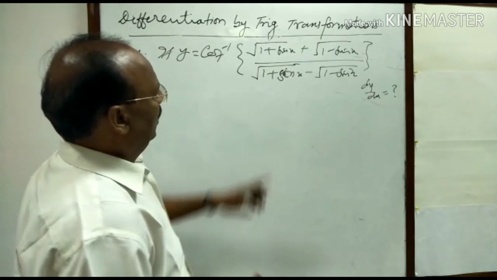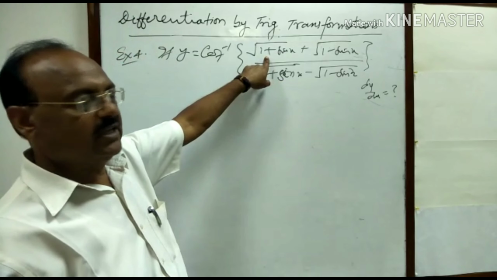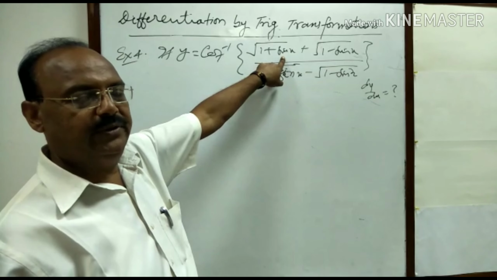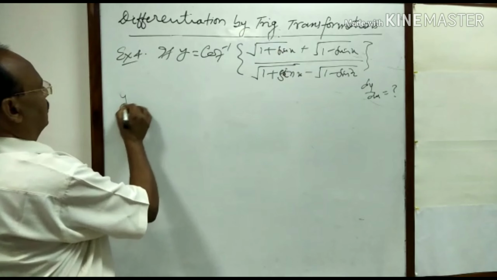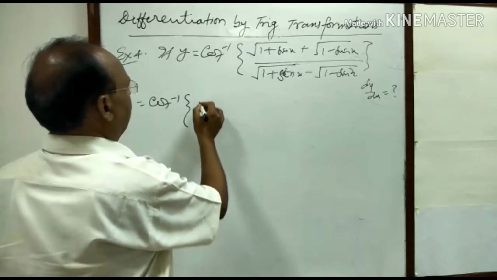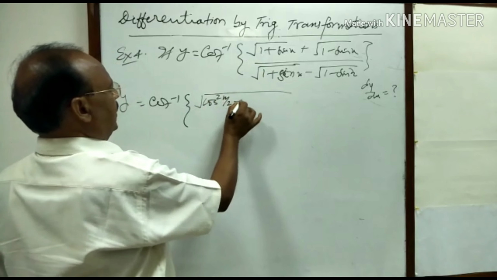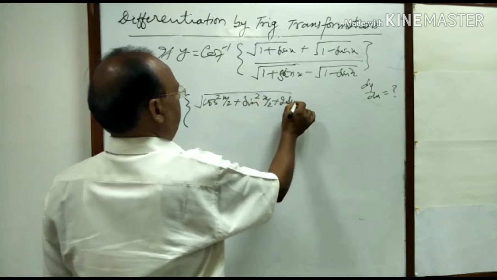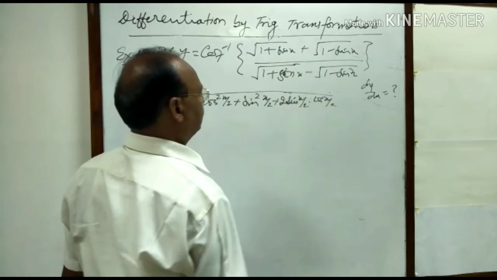You see, here 1 can be written as cos square x by 2 plus sin square x by 2, and this sin x can be written as 2 sin x by 2 into cos x by 2. So here y is equal to cot inverse of root over cos square x by 2 plus sin square x by 2 plus 2 sin x by 2 into cos x by 2.